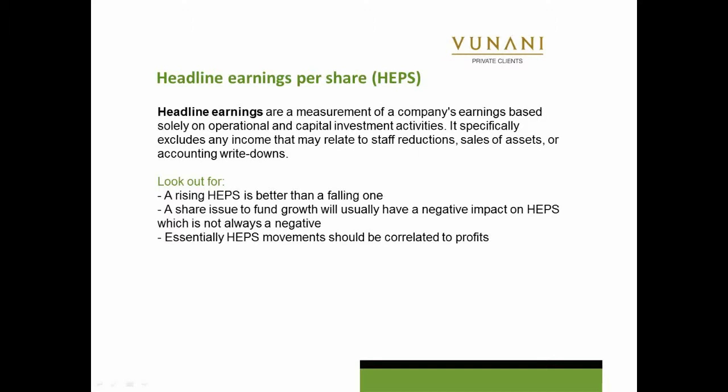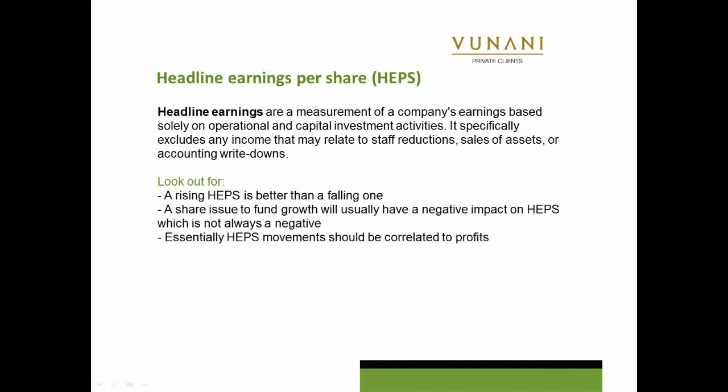Then the headline earnings number would be lower because there are now more shares, more investors trying to get a slice of this pie than before. So it's not always a negative to see a headline earnings number down, but you need to understand why. If a company issues shares to fund growth, maybe in a different geographical area, you shouldn't look at that as a huge negative.